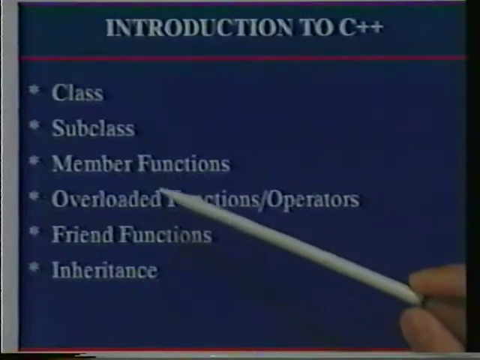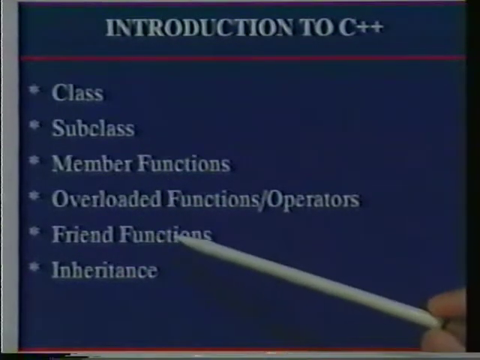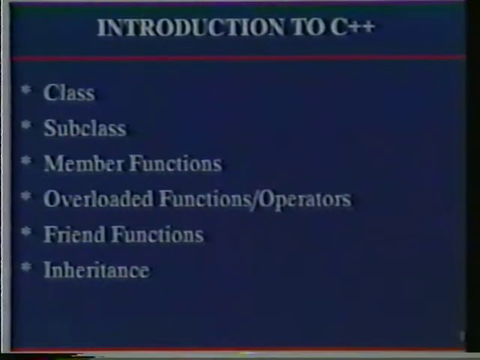What I'm going to do next is to take one of these languages, that is C++, and I will be discussing that with a few examples. And the key concepts that I will be describing in C++ are this notion of class, subclass, the member functions, overloaded member functions, the friend functions, and inheritance. We'll see how these concepts are implemented in C++.